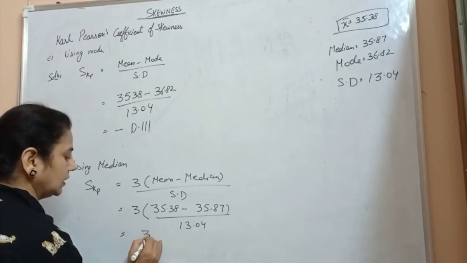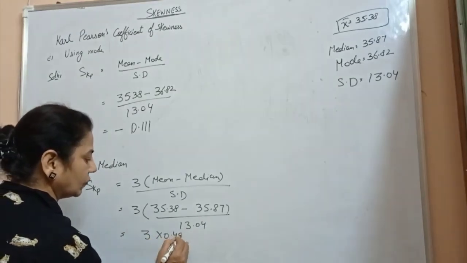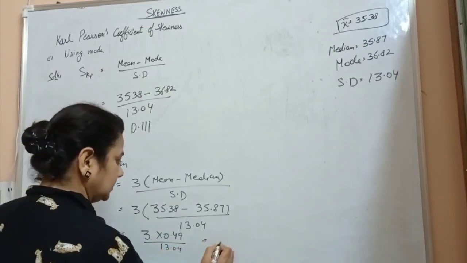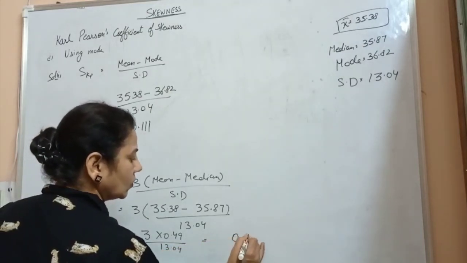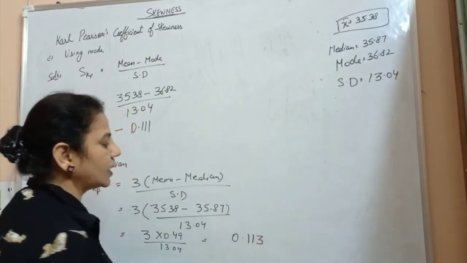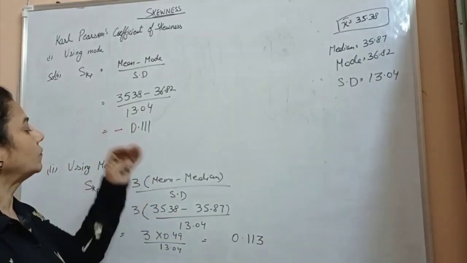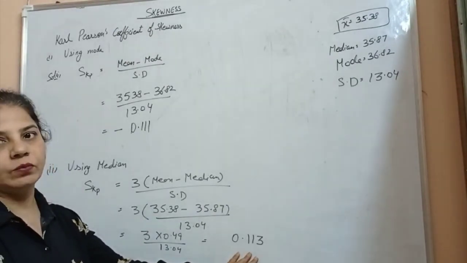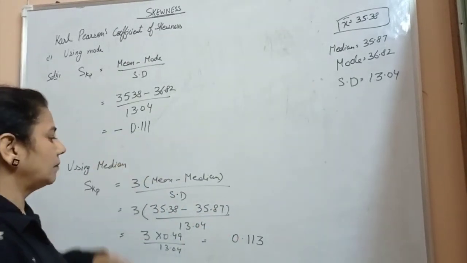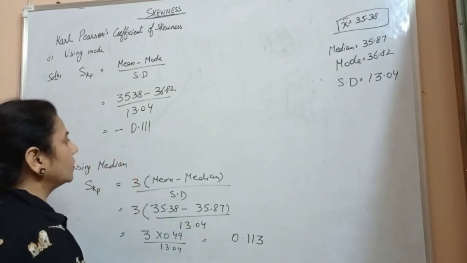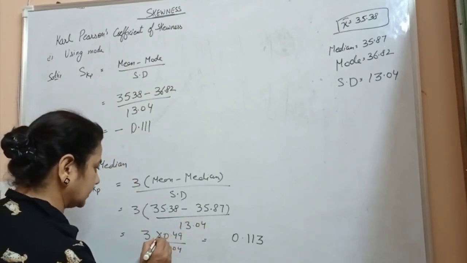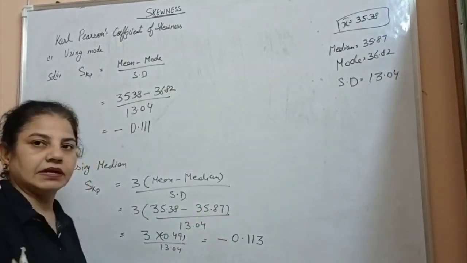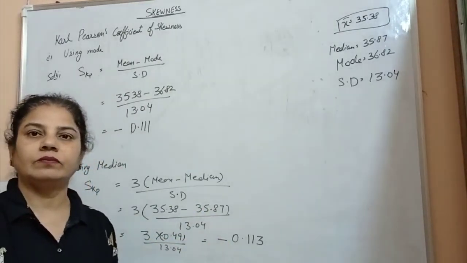This gives me 3 into 0.49 upon 13.04. That means you will get 0.113. So the Karl Pearson coefficient of skewness about median is 0.113 and about mode is 0.11. The minus sign is there again, as the median is bigger, so I will get minus over here also, minus 0.113.